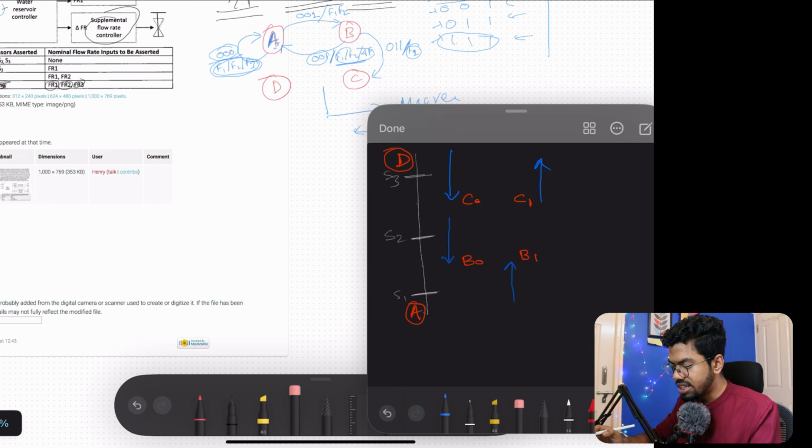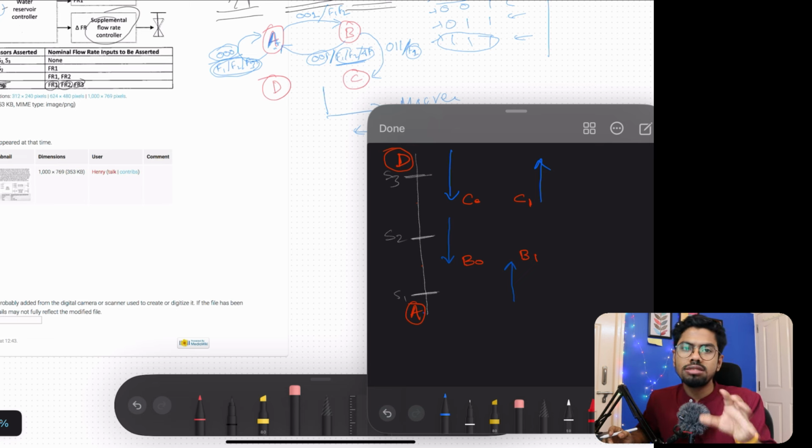So now how many states do I have? I have 1, 2, 3, 4, 5, 6, and 6 states can be encoded in different ways, but we will go with the simple way, the minimum number of binary bits. So for encoding 6 we need 3 binary bits, so we need to encode them.